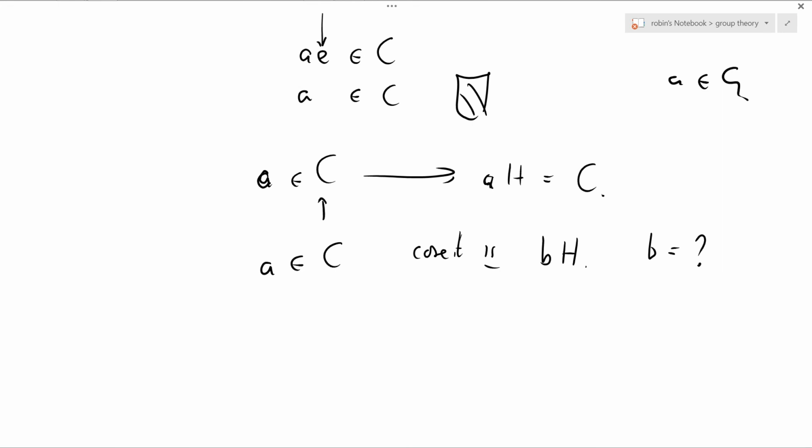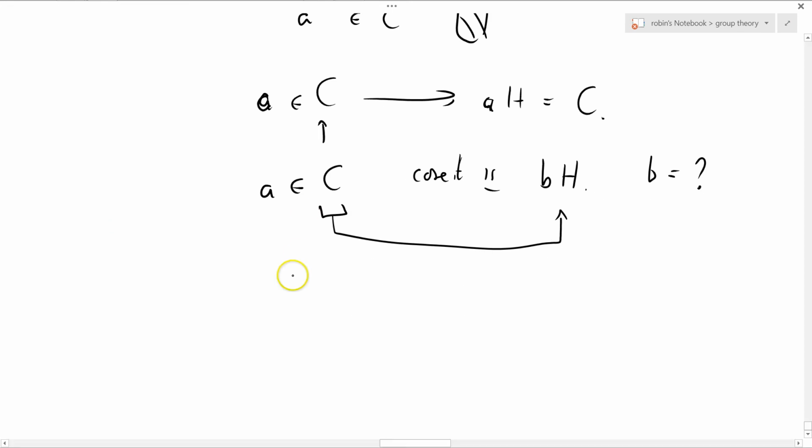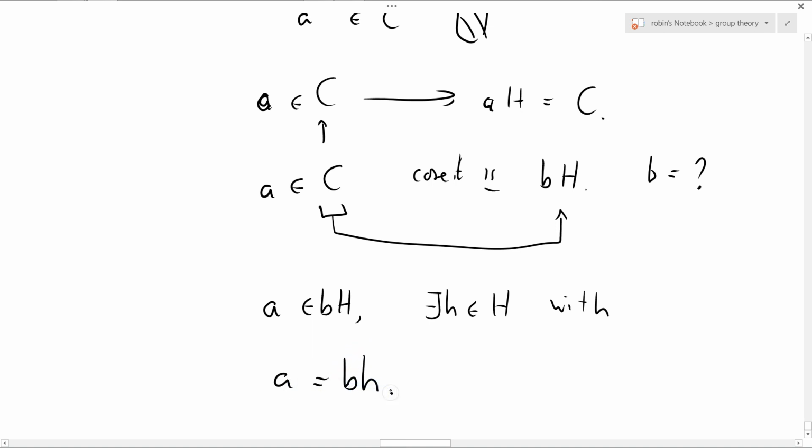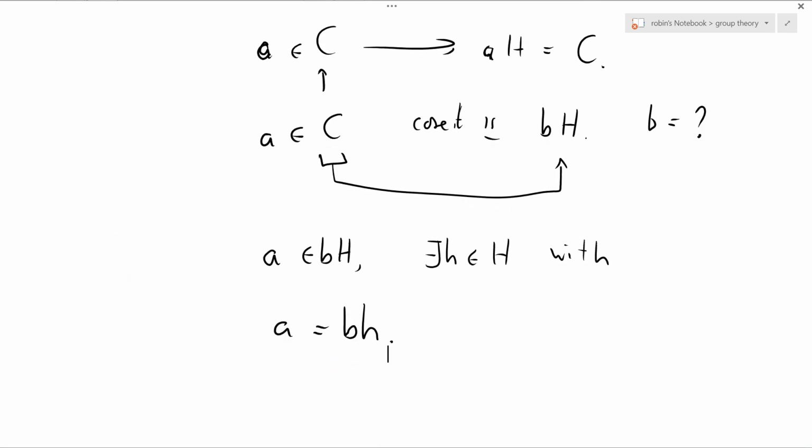So what that tells me is that if A is in this coset, that I've just rewritten coset C as BH there. Alright? So what that says is that A is a member of BH. And so what that says is there exists little h in H with A equals Bh.